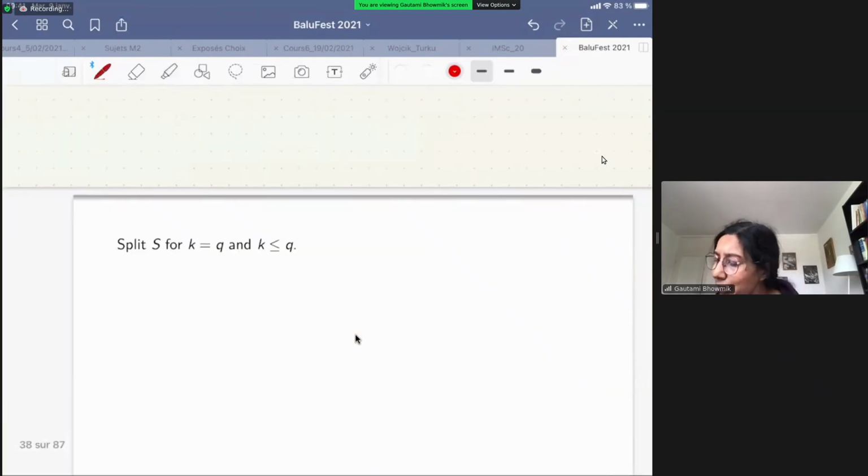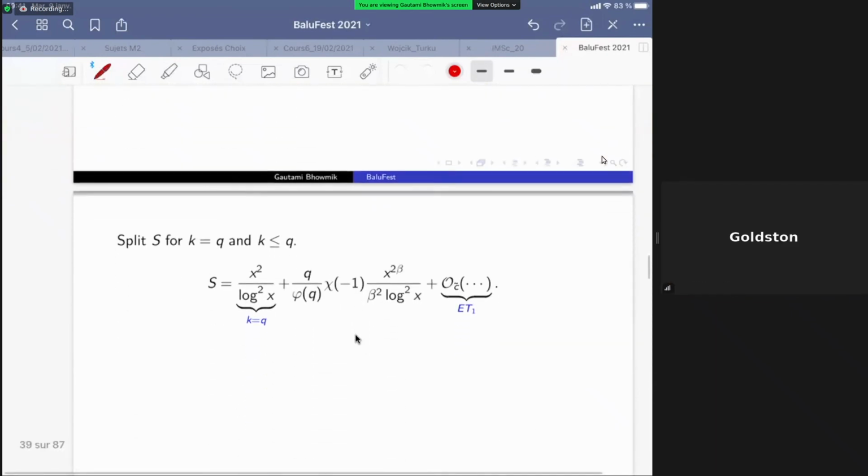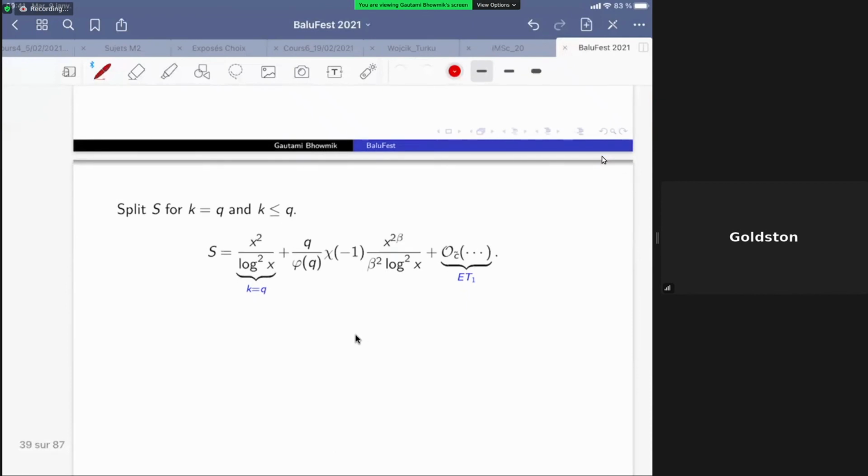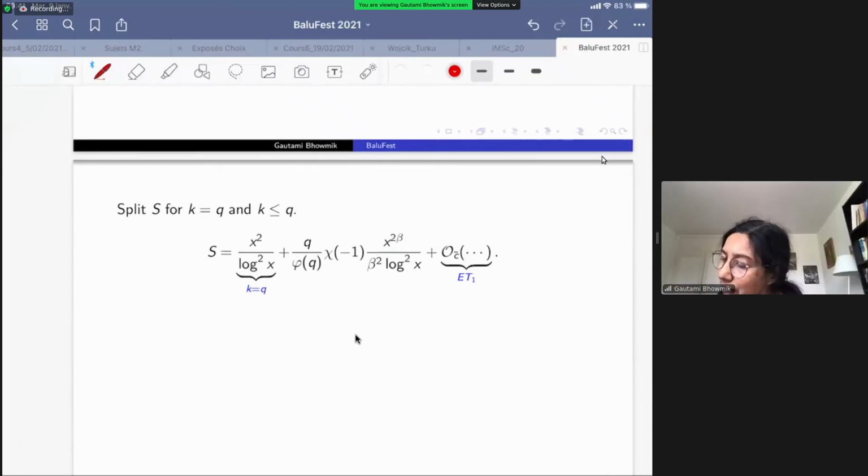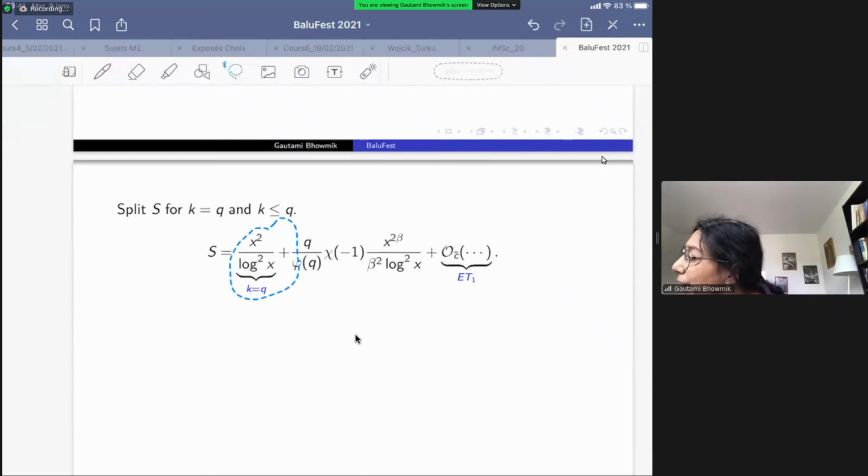So once you have done this, then you split the sum S for k equal to q and k less than or equal to q. And then you get S is equal to, for k equal to q, you get this form. For k equal to q, you get x squared by log square x. And then you get some more terms.